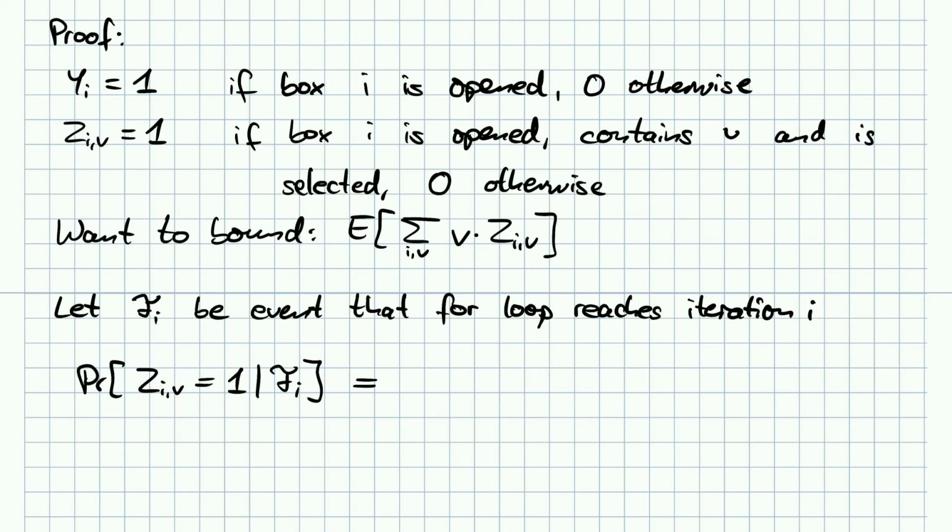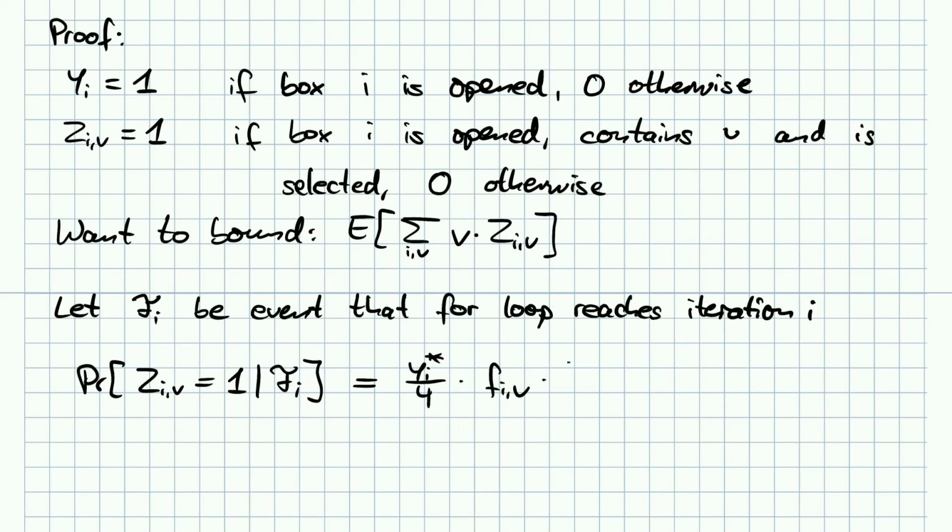Well, then what will have to happen is that first of all we have to open the box, which happens with probability y_i star over 4. Then this box has to contain a prize of v, which happens with probability p_{i,v}.